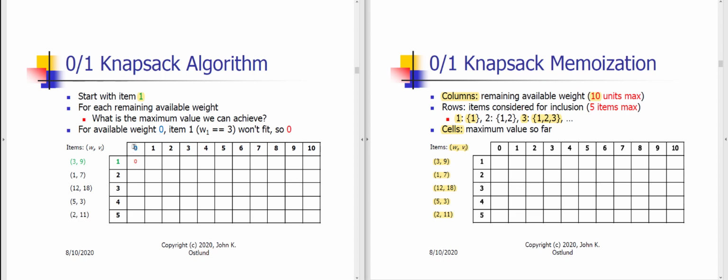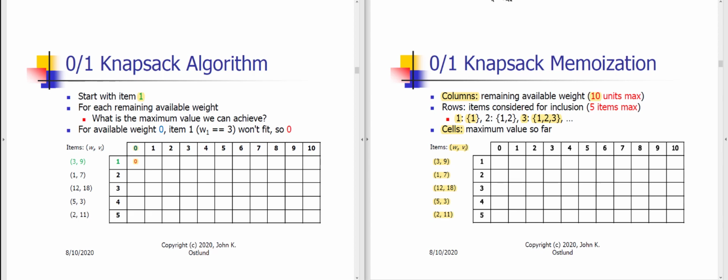Now, if the available weight that we have in our knapsack is 0, then we can't include item 1 at all, and so the maximum value that we can obtain by considering item 1, and in this case rejecting it, is 0 value. Okay, if we only have 0 weight units remaining in our knapsack, we can't include item 1, and so the value we have there is 0.